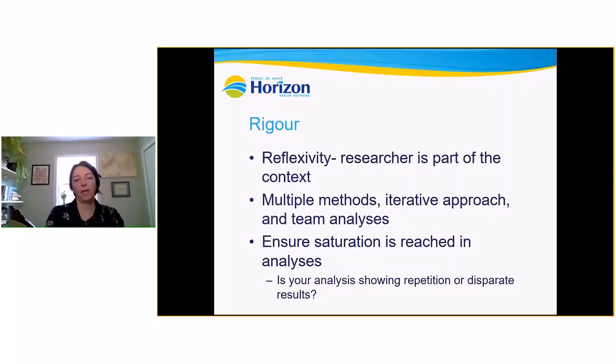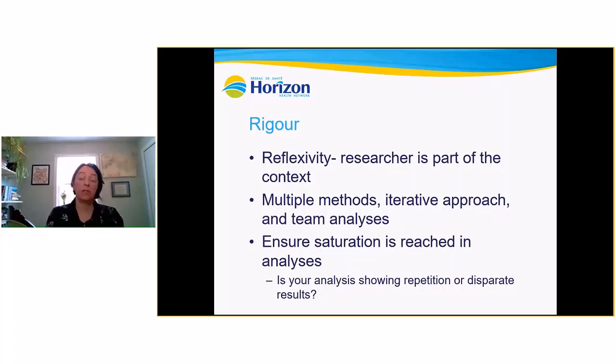And so saturation in qualitative research essentially means that you have reached the point where you're finding nothing new about your topic. You have gotten enough information from enough people that what you're seeing is repetitive, right?